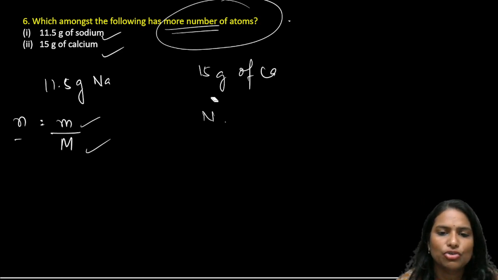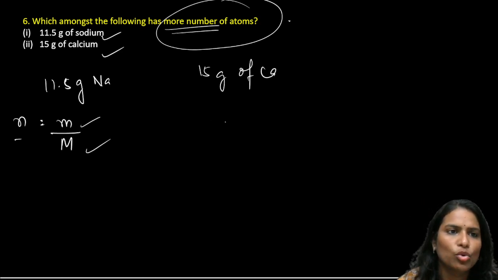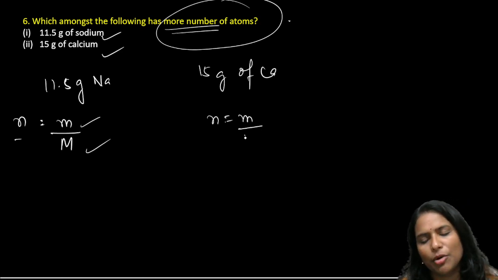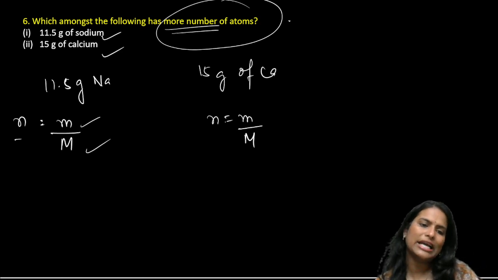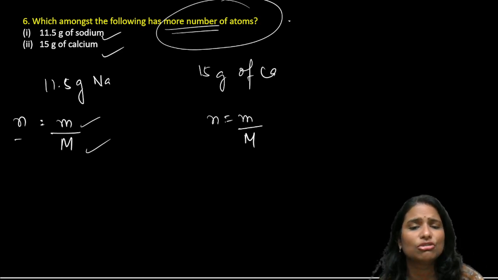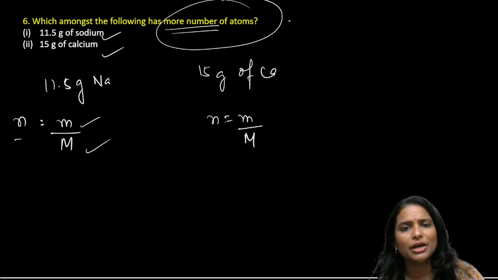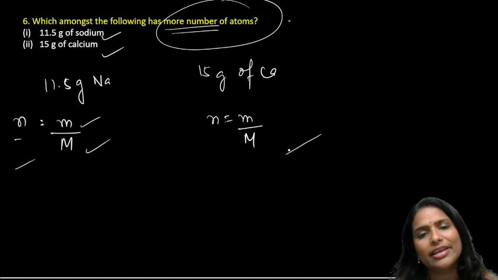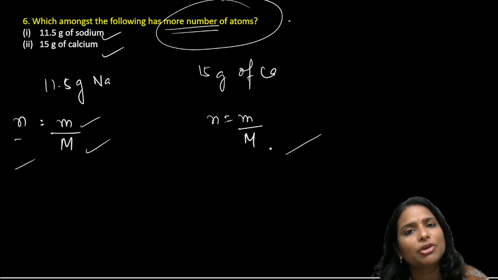Similarly, for this also you can first find out the moles, small n equals small m upon capital M. Now we know that 1 mole is equal to 6.022 into 10 to the power 23, right? So whichever has the highest moles will obviously have more number of atoms, right?